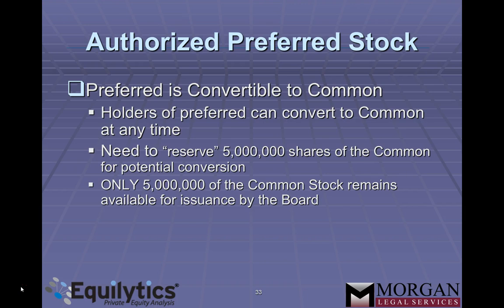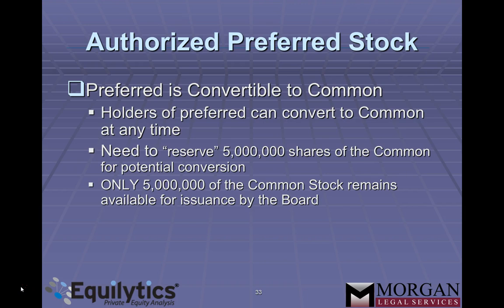Because we have 5 million shares of preferred that have been authorized, we're reserving, if you will, 5 million of the authorized common for conversion coverage and only allowing the remaining 5 million to be available for the board to issue.